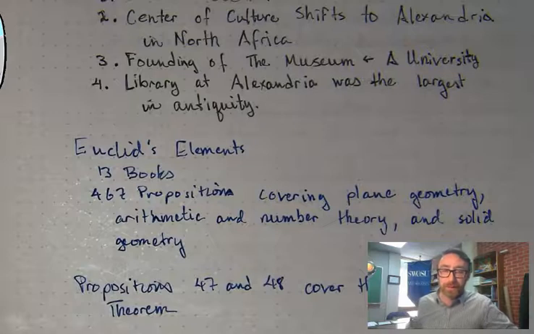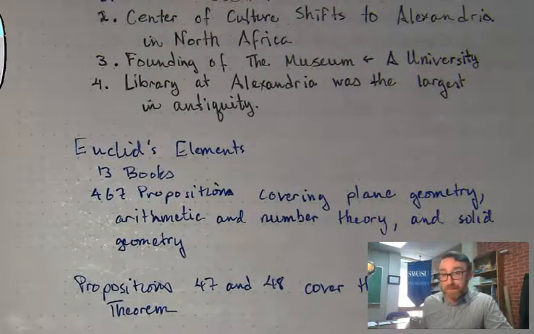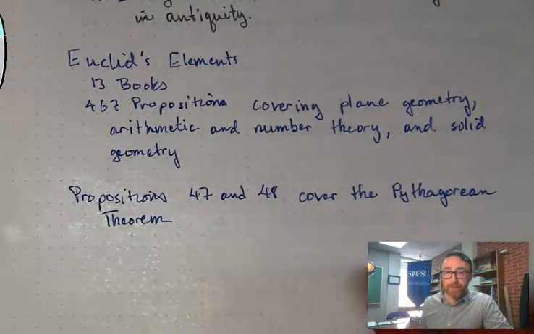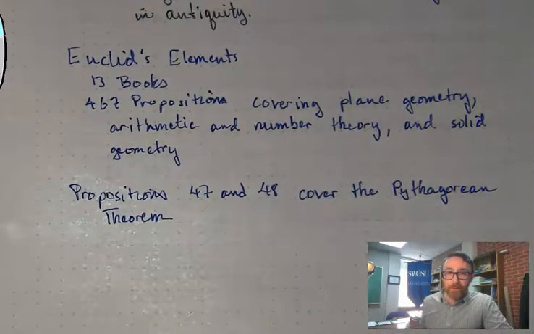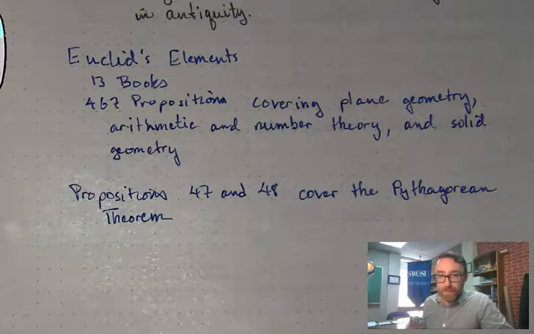This was actually a collection of 13 quote-unquote books that contain 467 propositions that covered geometry, arithmetic, and number theory. And propositions 47 and 48 in Euclid's Elements cover both the Pythagorean theorem and its converse, which we have already seen.